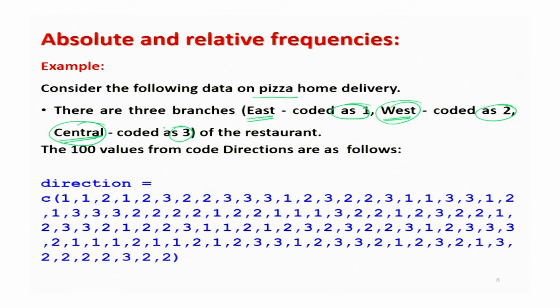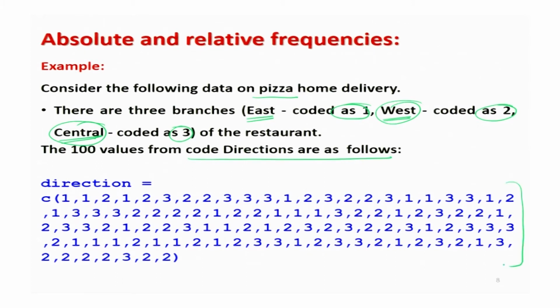Right. And suppose they get orders every day and deliver to different places. They get the orders at a central place, and depending on the location where the order has to be delivered, they choose the appropriate branch from where the delivery can be made faster. The branches, coded as 1, 2 and 3, are obtained like this.